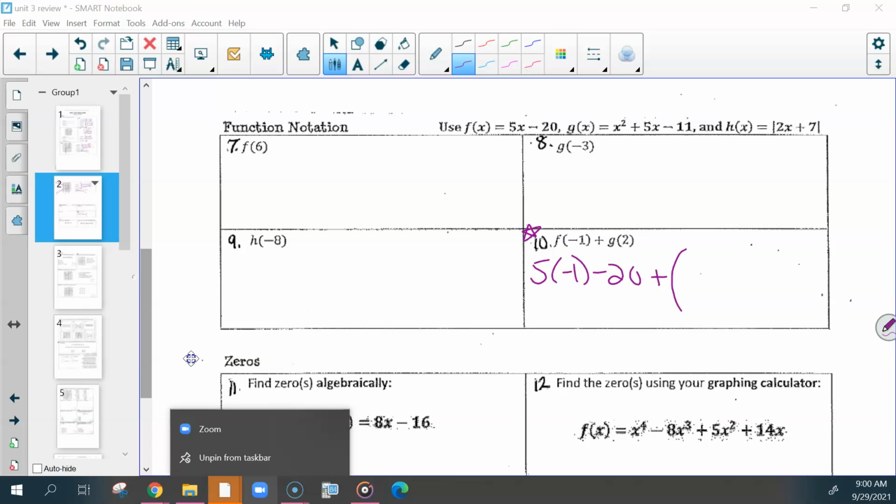G of 2, so my g of x function starts out with x squared. I'm going to put that 2 in parentheses and square it. Plus 5 times 2, and then minus 11. So I'm going to put all of that in my calculator at the same time so that I don't mess up anywhere.